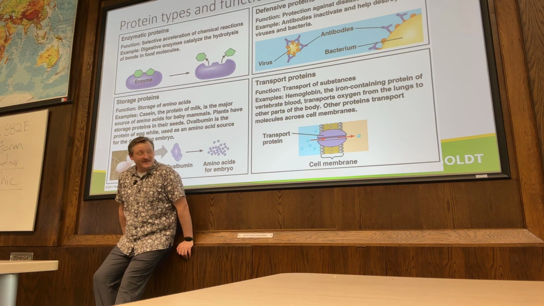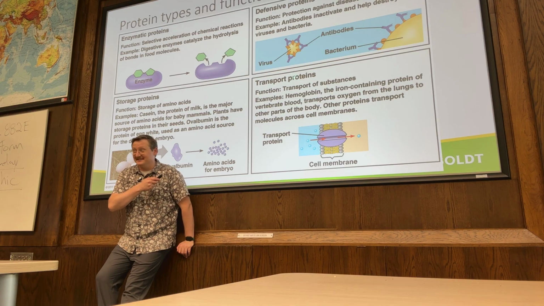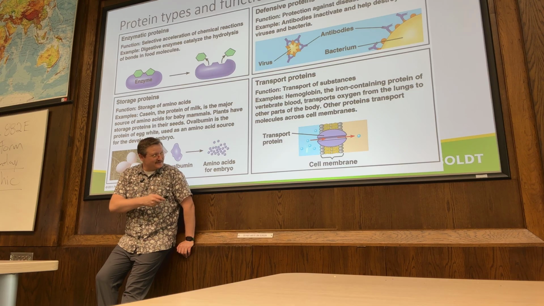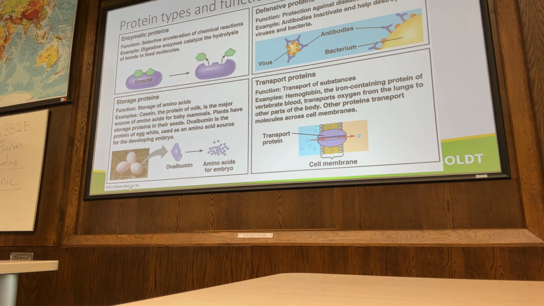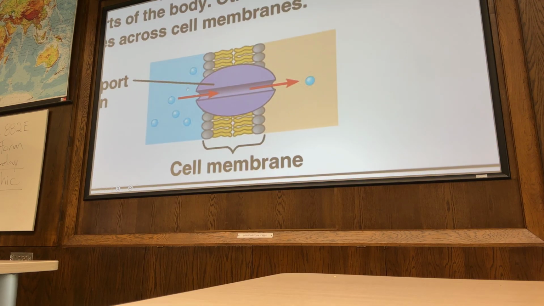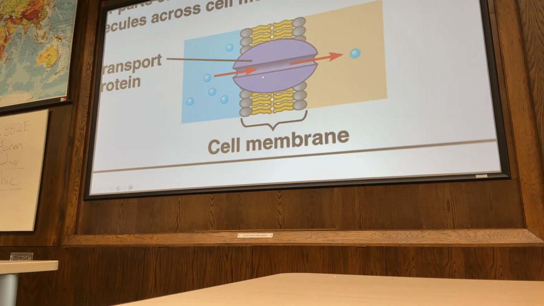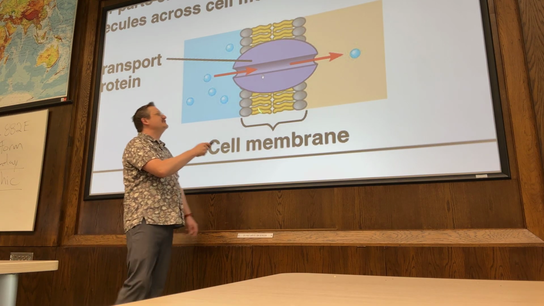Moving forward. Transport proteins. Transport proteins transport things. Look at this phospholipid bilayer right here, this cell membrane. All right? It's got the little phospholipid diagrams that I told you about. Okay? So your cell membrane is made up of phospholipids, where the hydrophobic regions all associate.